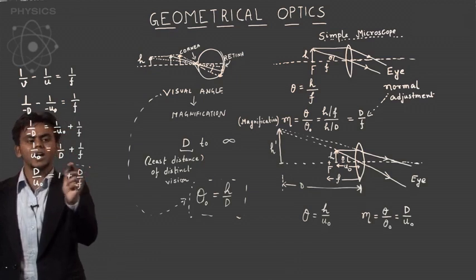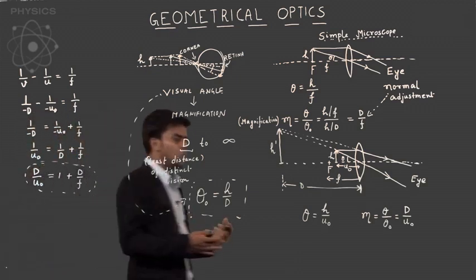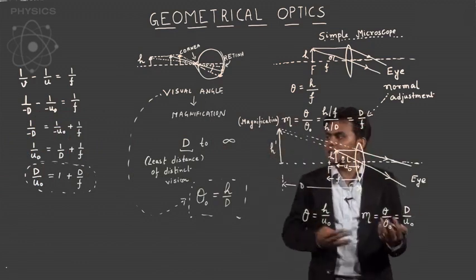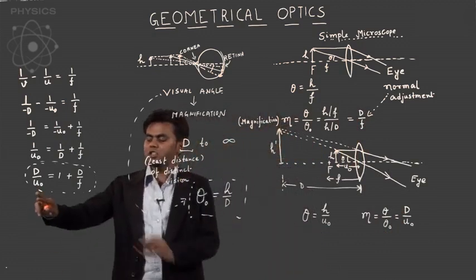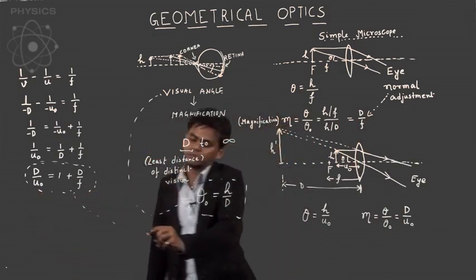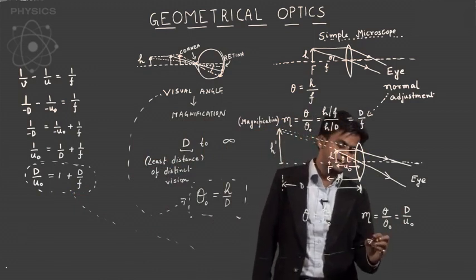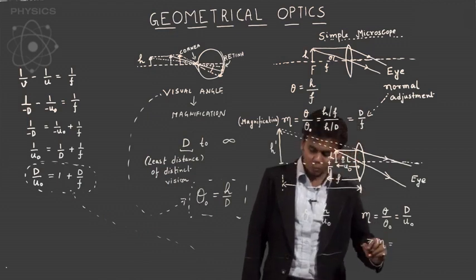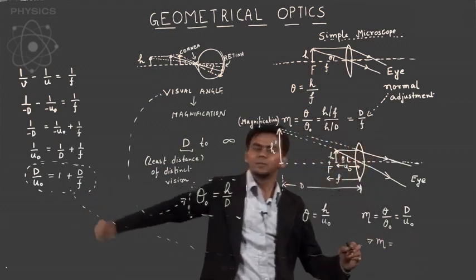Now here you have a breakthrough. You have got to know the value of m. So for magnification, just plug in this value from here to here. What you would get is m is equal to 1 plus d by f.